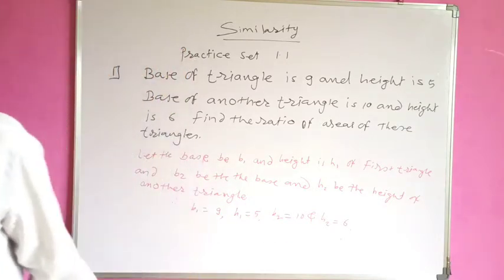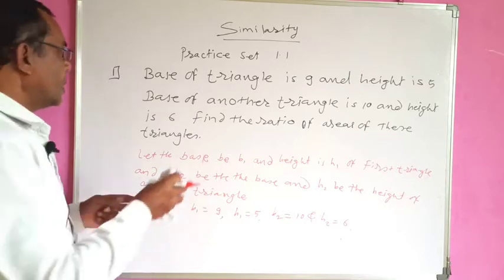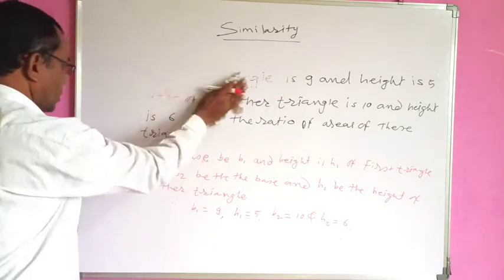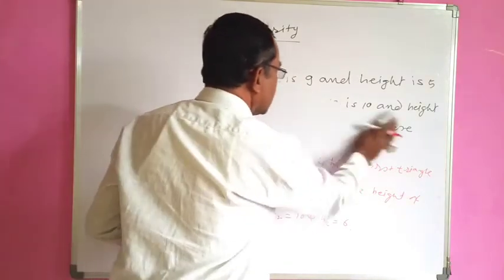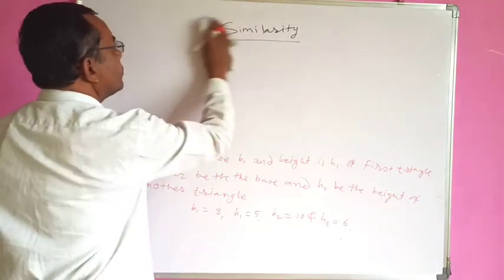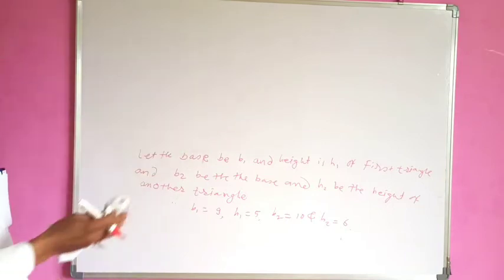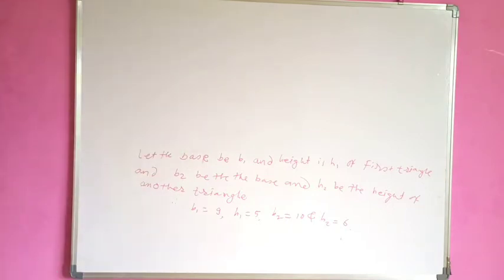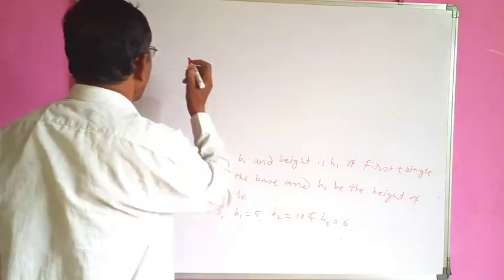Now we will write the property. We will write here the ratio of the areas of two triangles is equal to the ratio of the product of their base and corresponding height. We will write the property here.